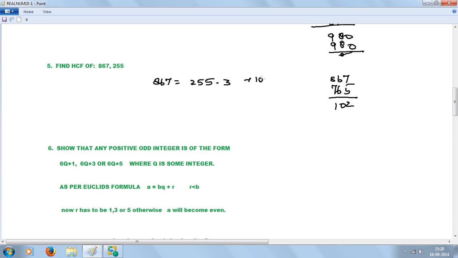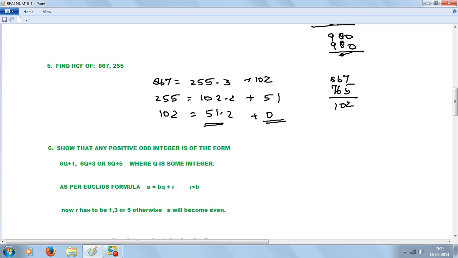Plus 102. Now 255 is equal to 102 multiplied by 2 plus 51. Now 102 is equal to 51 multiplied by 2 plus 0.